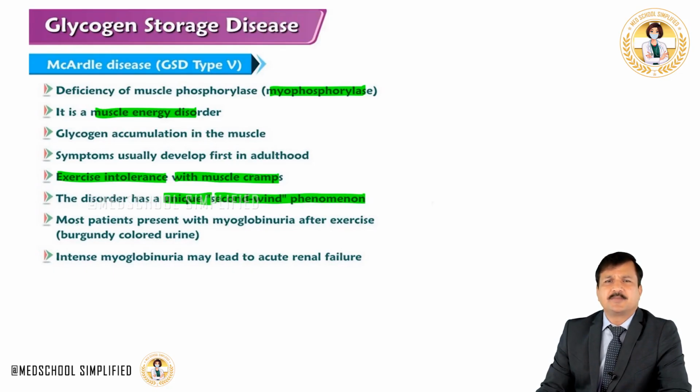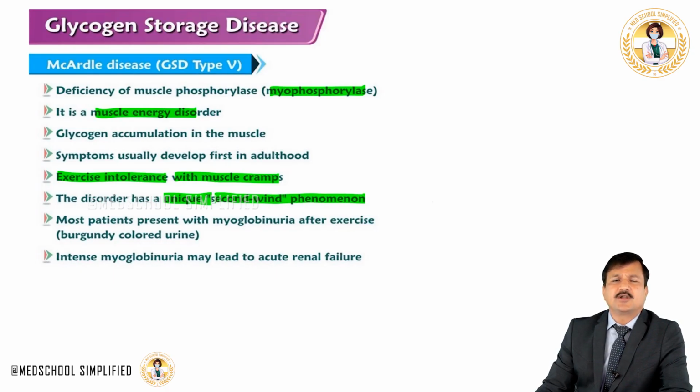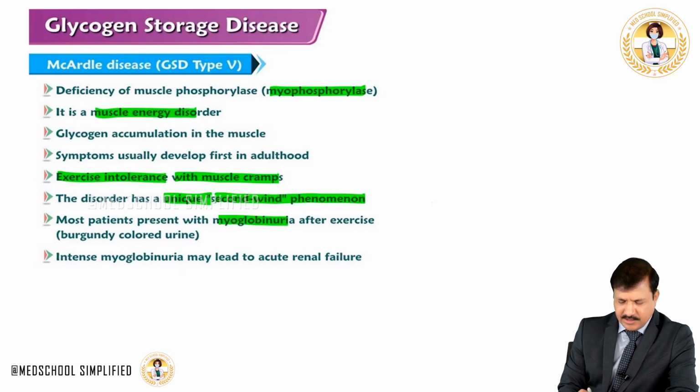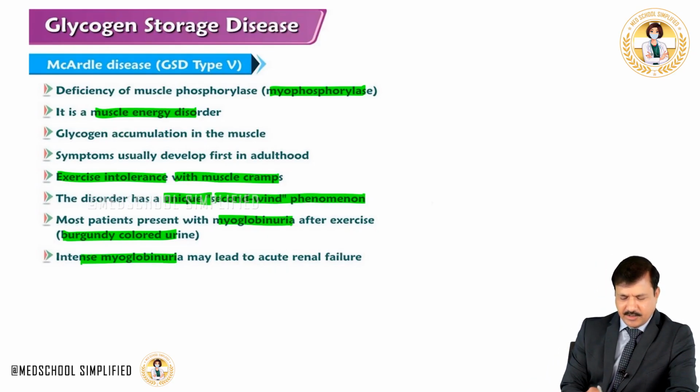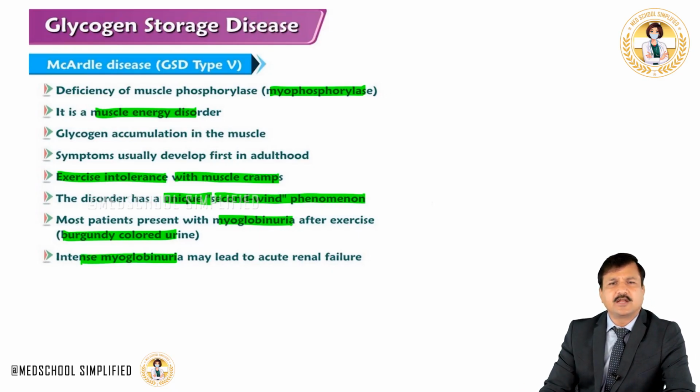So the skeletal muscle membrane can break open, and that will release the content present in the muscle. One of the contents is myoglobin, and the myoglobin appears in the urine, giving rise to myoglobinuria, and it colors urine burgundy. Also, intense myoglobinuria can lead to acute renal failure.